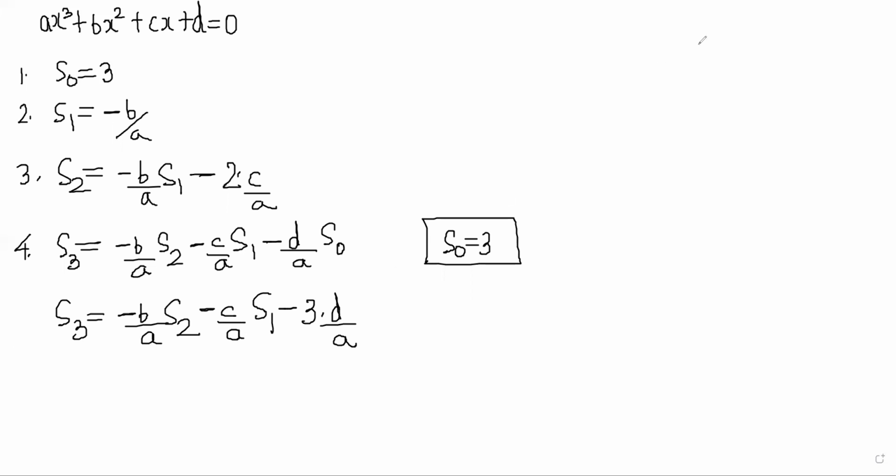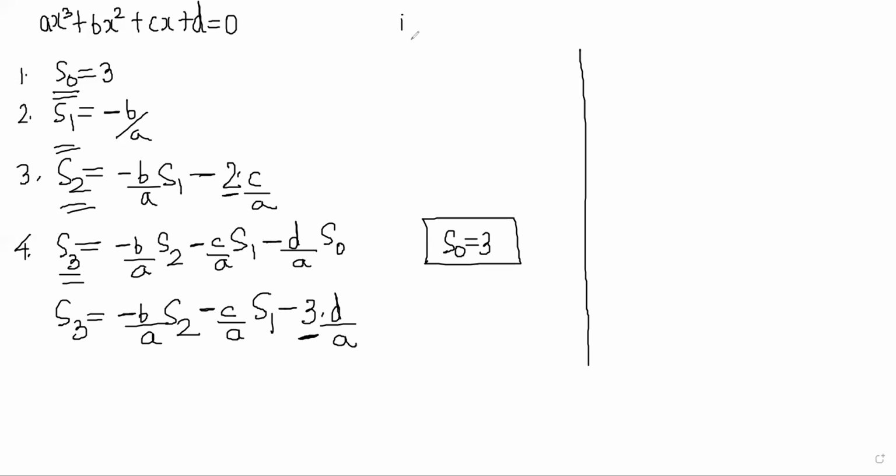S4 onwards, the formula is much simpler. We don't have this arbitrary 3 and 2 and so on. So basically what I'm trying to show you here is that the formula for powers of roots differs in 2 cases.